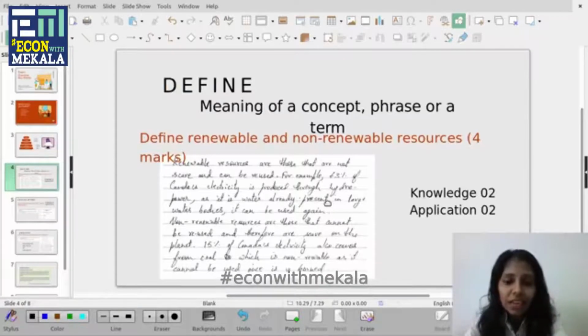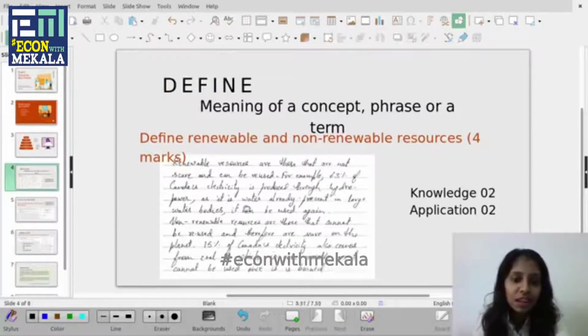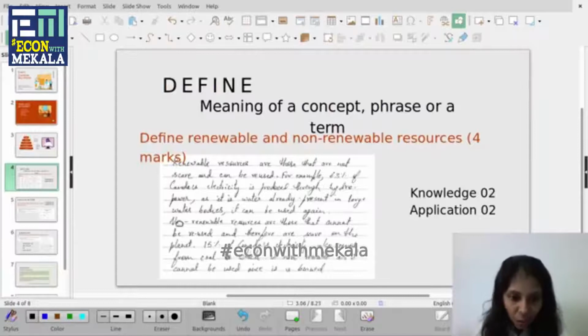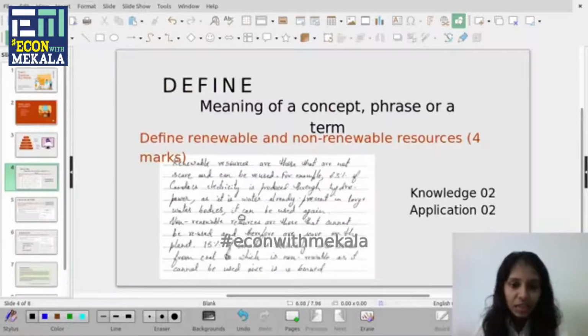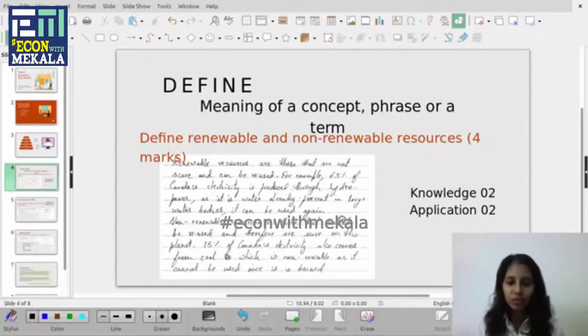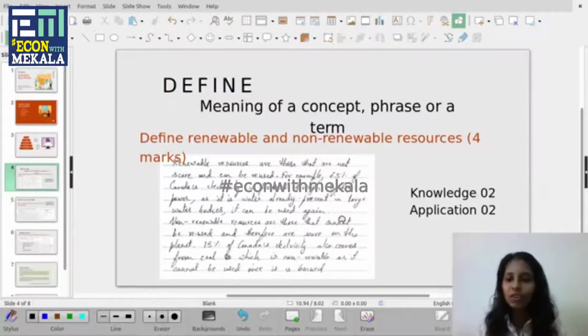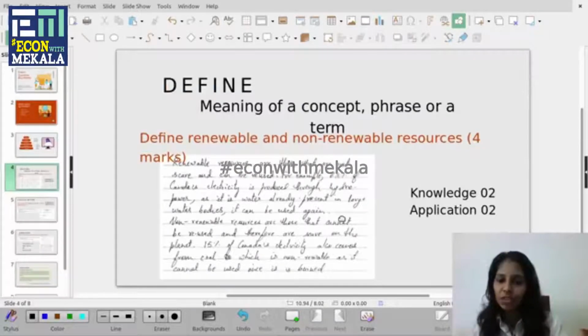He has explained this fact. Look at that: water already present in large water bodies can be used again and again. So we have water sources like rivers, streams. Using them we can generate electricity. So he has well demonstrated knowledge and application skills in the first part of the question.